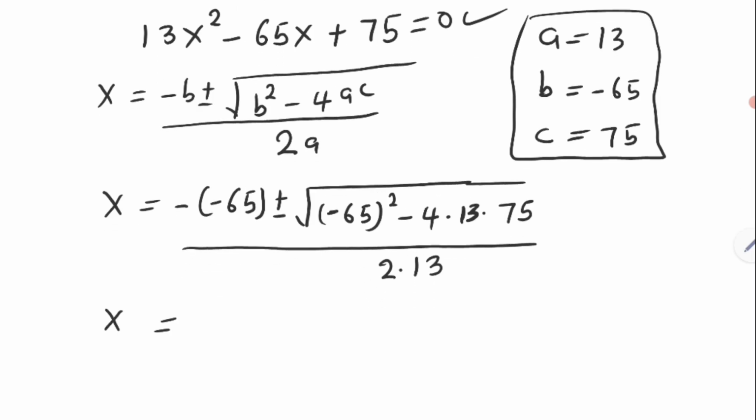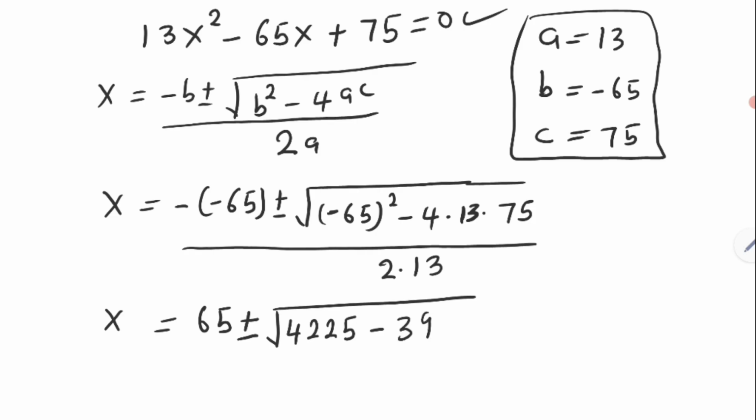S is equal to minus times minus 65, this is 65, plus or minus square root of minus 65 squared. That is 4,225. Then minus 4 multiplied by 13 multiplied by 75. That is 3,900, over 2 multiplied by 13. This is 26.